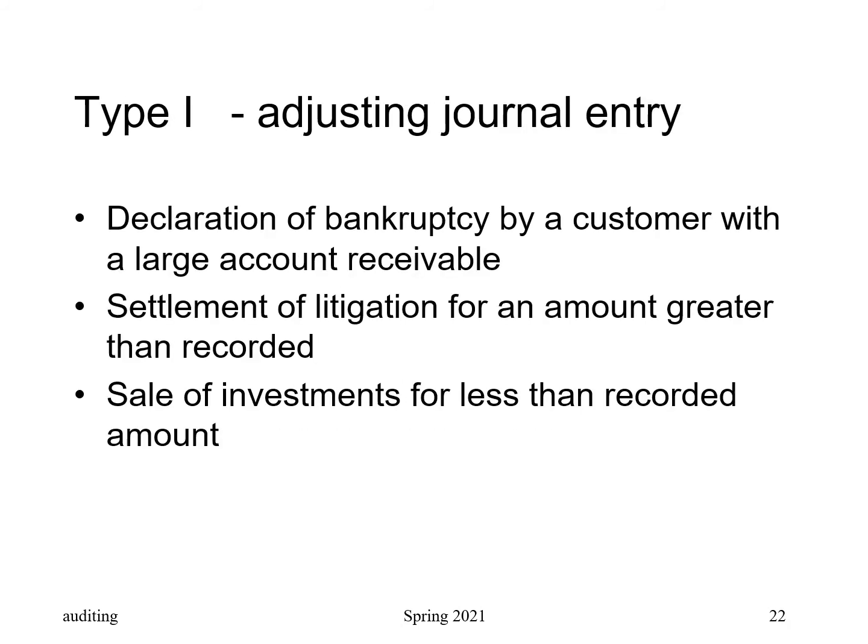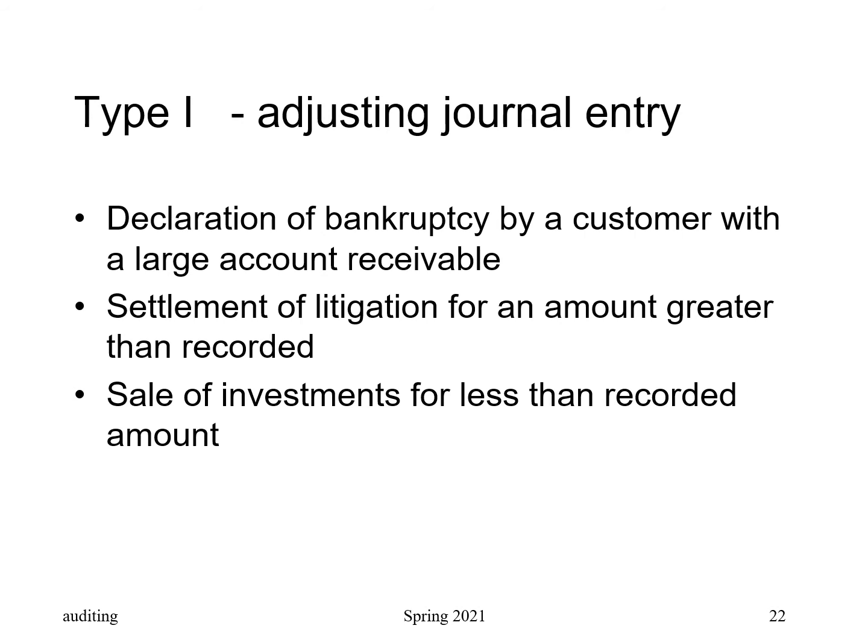Here are some examples of type 1 adjusting journal entries. Declaration of bankruptcy by a customer with a large account receivable. When I think of accounts receivable, I tend to think of Walmart with millions of customers. But not all businesses have that many customers. We audited a copper mine that only had 9 customers. They sold copper to 9 customers.